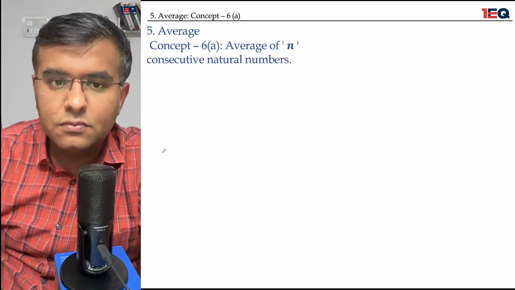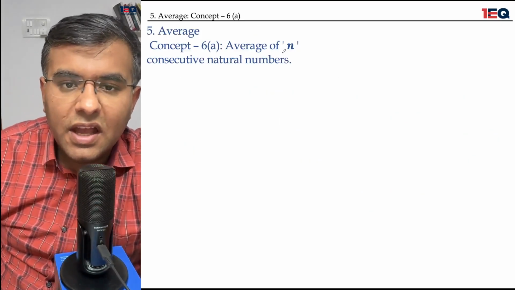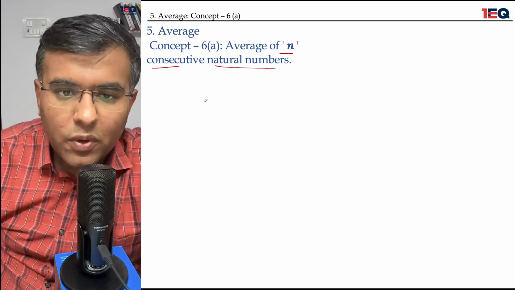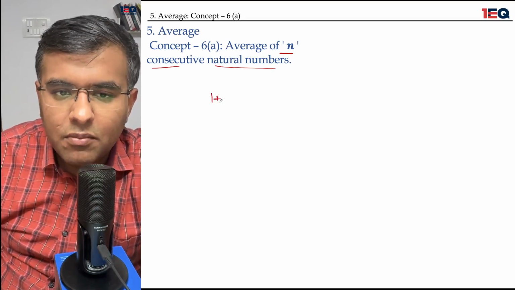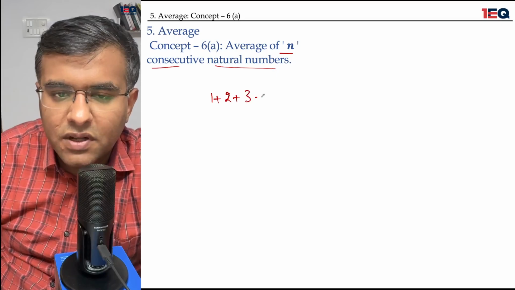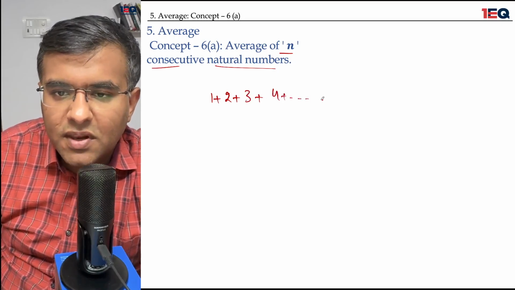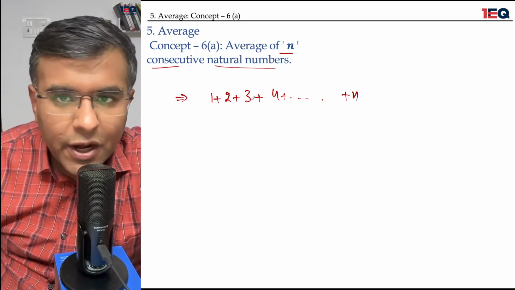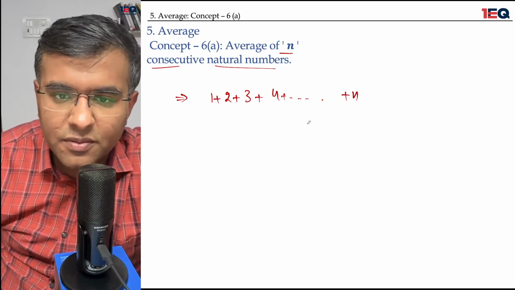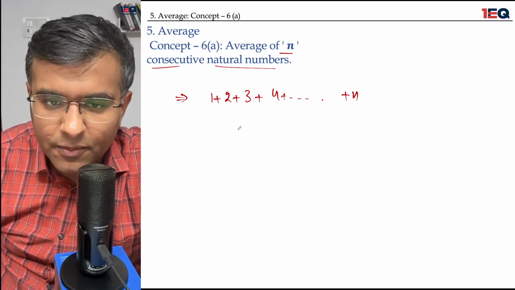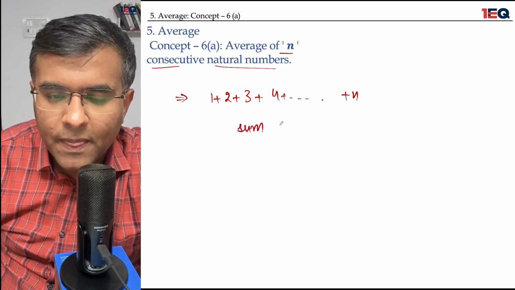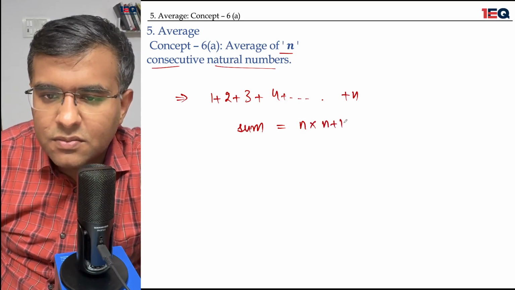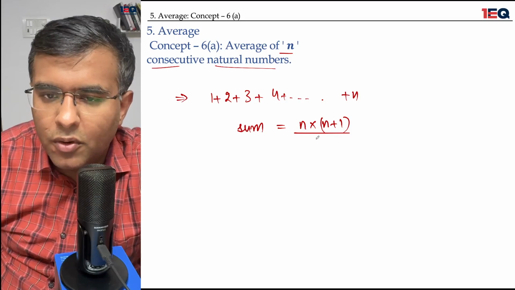Moving on. Okay, the average of n consecutive natural numbers. See, whenever you have a sum of consecutive natural numbers, 1 plus 2 plus 3 plus 4 plus so on till n, you have to add all of them up and then divide it by the number of terms. But there is a special formula to find out the sum: n multiplied by n plus 1 in brackets whole upon 2.